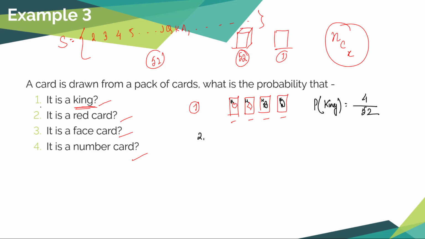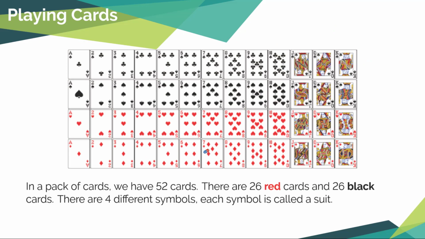The next question is number 2. It is a red card. So this is our diagram for cards, and here you can see that in case of red cards we have 13 red cards of heart, 13 red cards of diamonds, right? If you are drawing one card out of these 52 cards, the total number of cases will be 52, and favorable cases, that means how likely you are getting a red card, there are 26 such favorable cases.